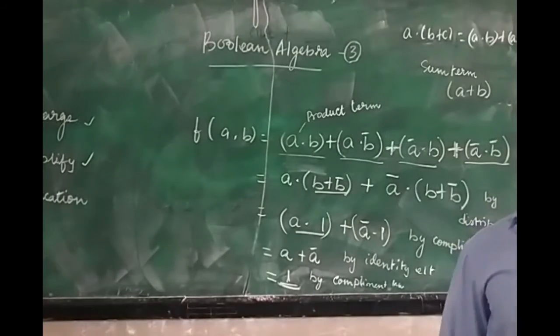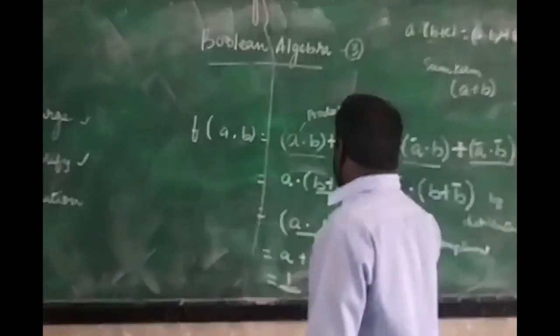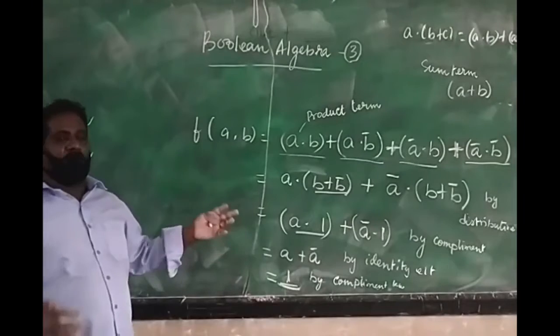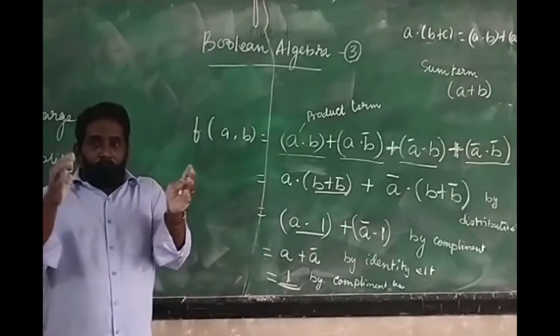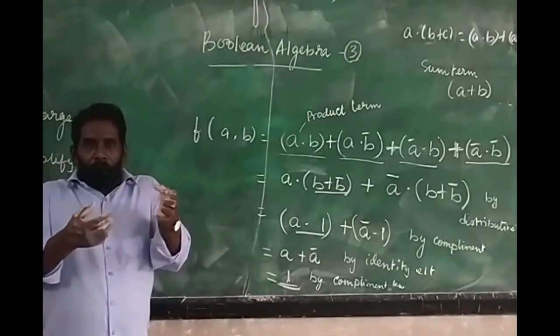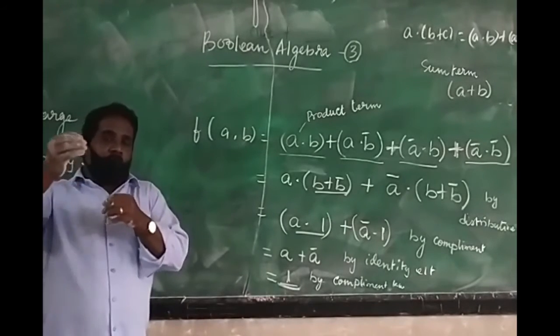Simplification is a very important concept in Boolean algebra. Because of this simplification method only, the devices and operations are minimized day by day. That's why we are able to see the advancement of digital technology.